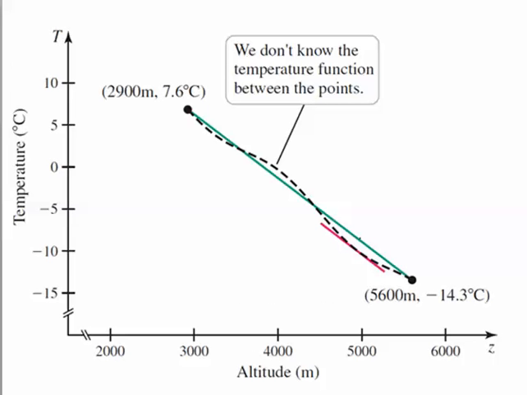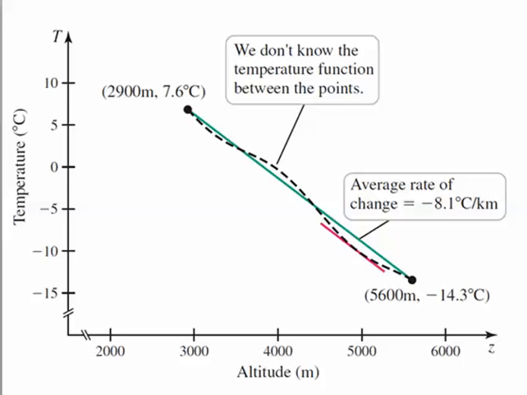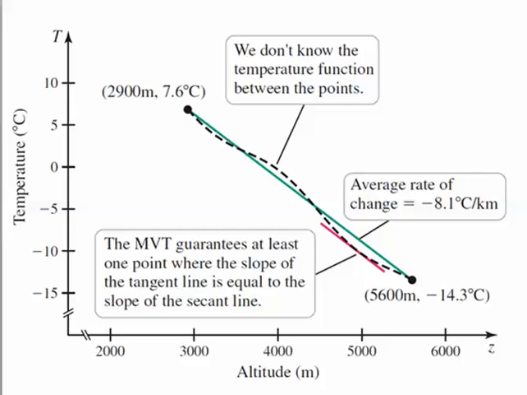So let's just think about what just happened. We don't know what the temperature function is. We only have two data points. And so we found the average rate of change. That is the slope of this blue line. The mean value theorem guarantees at least one point where the slope of the tangent line is equal to the slope of the secant line.